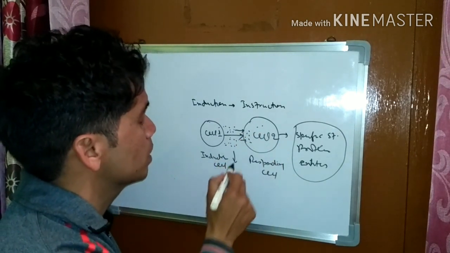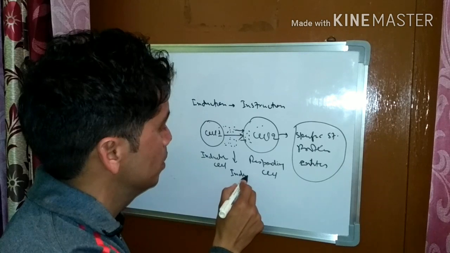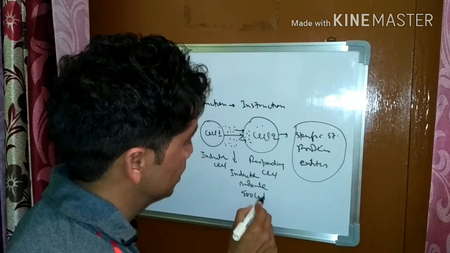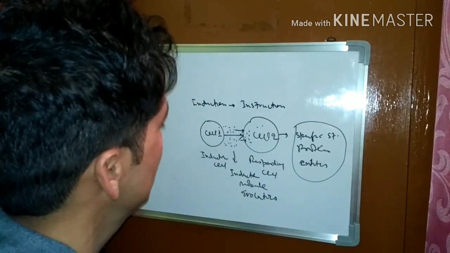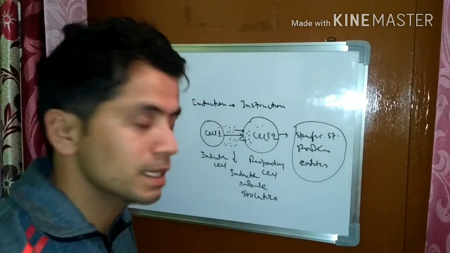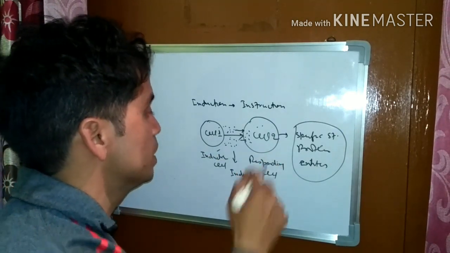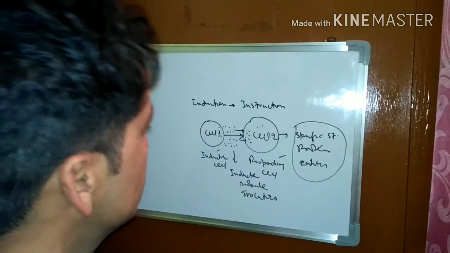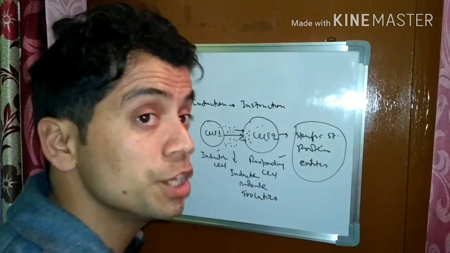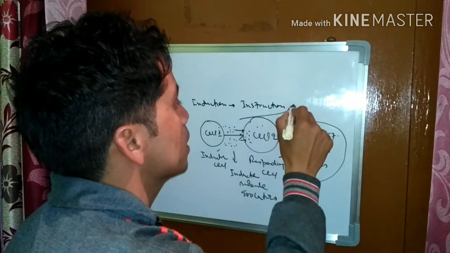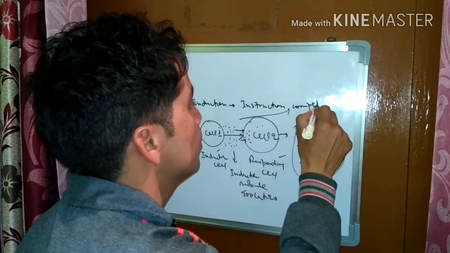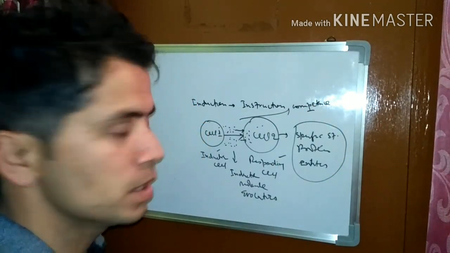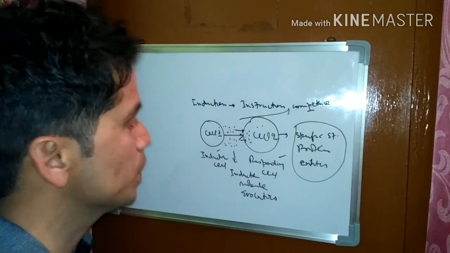These molecules are called inductor molecules or evocators. The cell which sends the signal is the inductor cell, and which receives the signal is the responding cell. The ability of the responding cell to receive that signal is called competence. I hope this fundamental idea is clear to you. This is what I call embryonic induction.